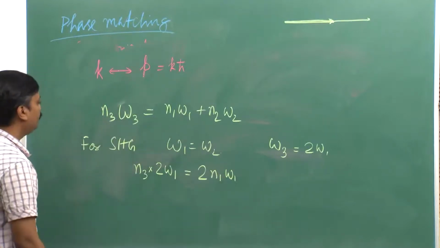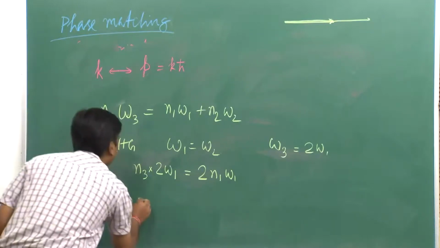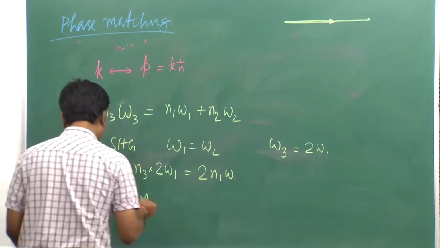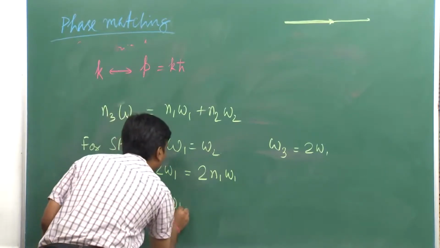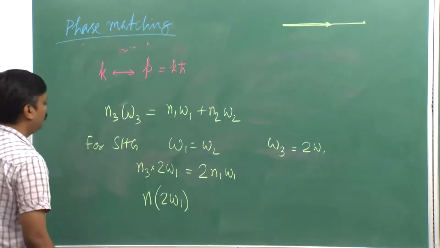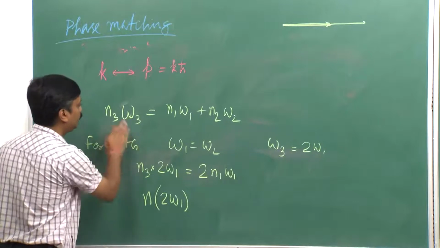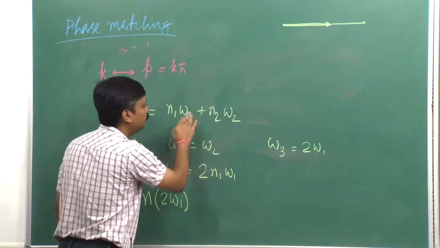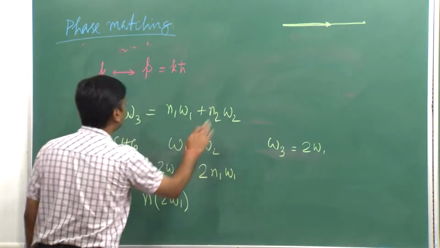Now, this is true only when, to start with, N3 is a function of omega 3, N1 is a function of omega 1, N2 is a function of omega 2.